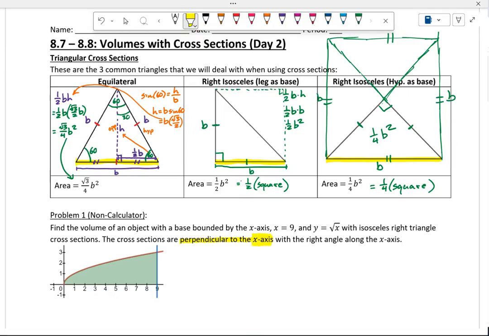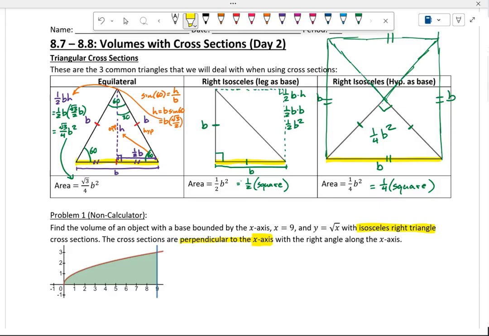We are in terms of x with the right angle along the x-axis. All right, what is our cross-section shape? What do they say? All right, isosceles right triangle. I have 2 of them, so which one are we using? Leg as the base or hypotenuse as the base?